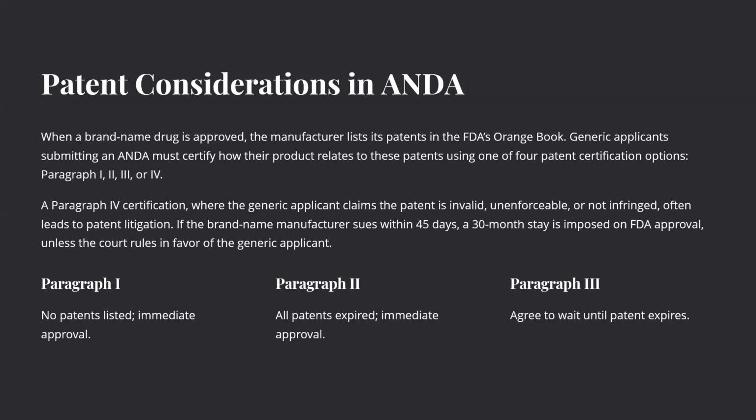So for the next 30 months, they cannot file an ANDA application unless the court rules in favor of the generic applicant. I hope that is clear to everyone, what a paragraph 4 certification is.